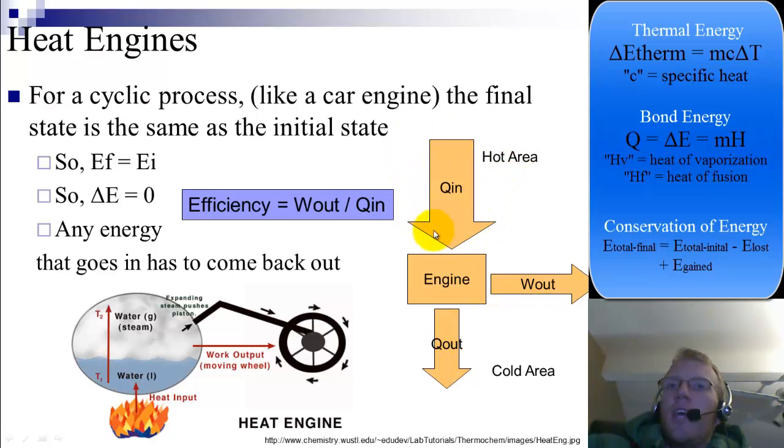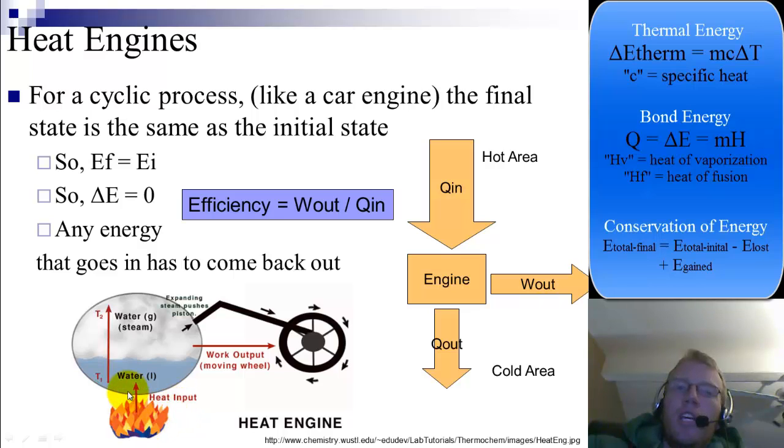So whatever energy you gain coming in, some of it is going to come out as work. Some of it is going to come out as thermal energy. The total work out plus the total thermal energy out has to equal the total thermal energy in. Total energy in has to equal total energy out because the change in energy in one cycle is 0. So whatever energy comes in has to come back out. Here's a nice little example.